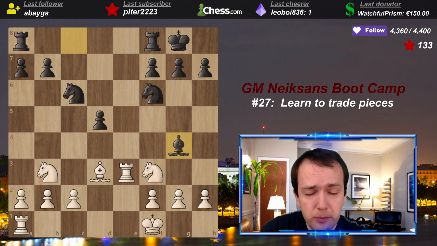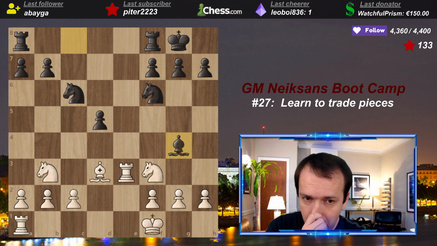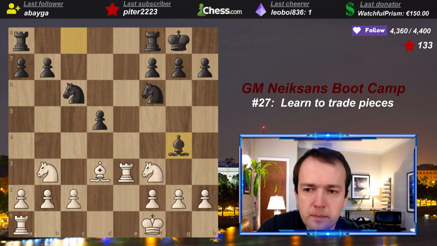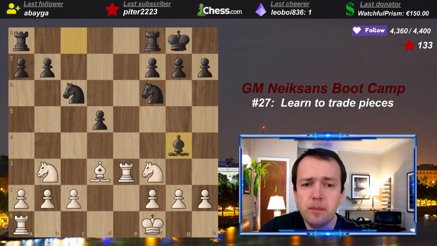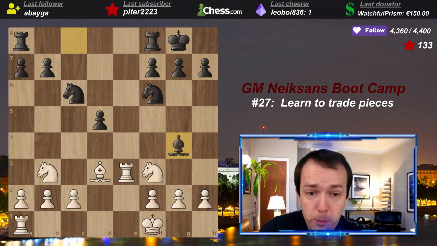Karpov against Kasparov. Silence. Everybody's thinking. Keep the pawn blocked, alright, but which piece is to trade? Do you remember that? Which piece is to trade?